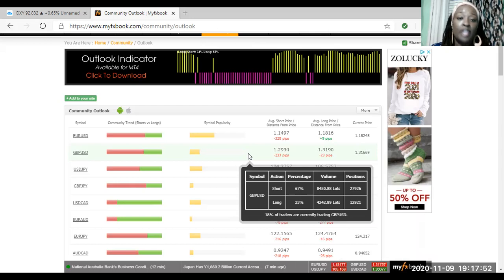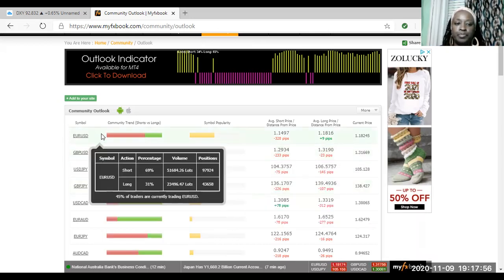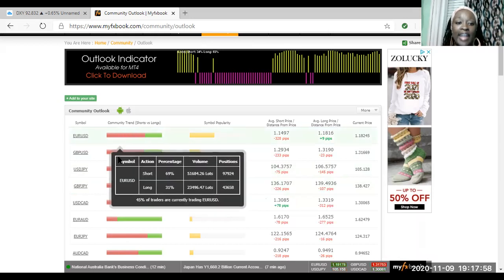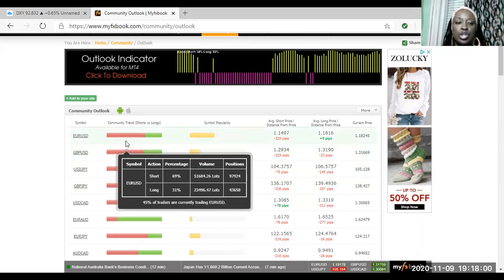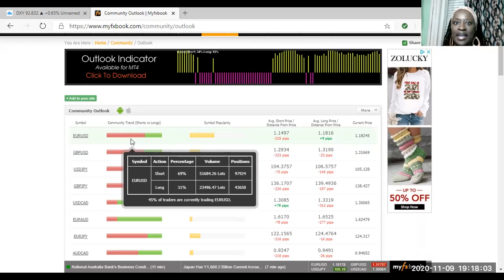So interestingly enough, when you look at your gauge here, which tells you what the sentiment is overall, you can see the majority. Now, it's not to say that they're wrong. There is a reason why.